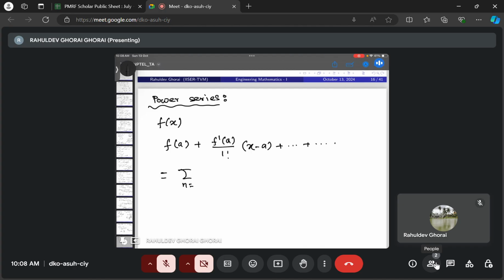What you get is the sum from n equals 0 to infinity of the nth derivative of f at a over n factorial times (x minus a) to the power n.